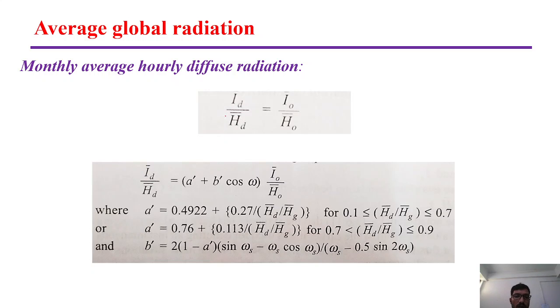Then, to get a more accurate value, another correlation is given to calculate this. The values for A dash and B dash will vary based on the value of HD divided by Hg.